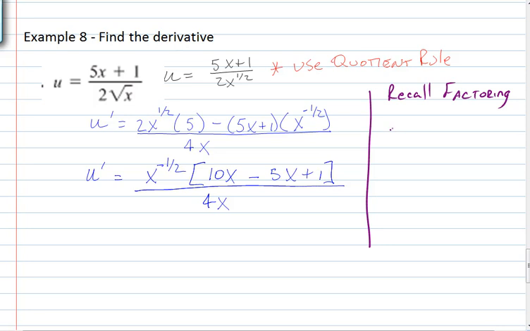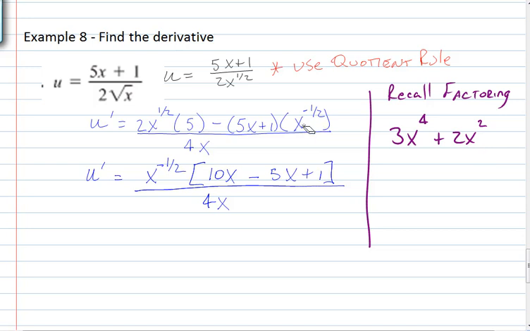If you had 3x to the 4th plus 2x to the 1st, and I asked you to pull out your greatest common factor, let's do 2x to the 2nd, what would it be? And you decided that because that's the smallest power of x, right?